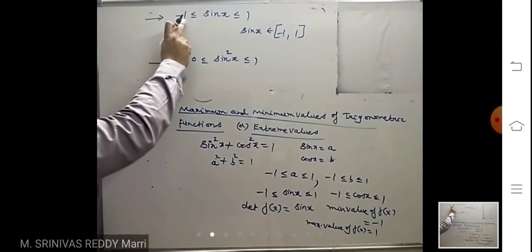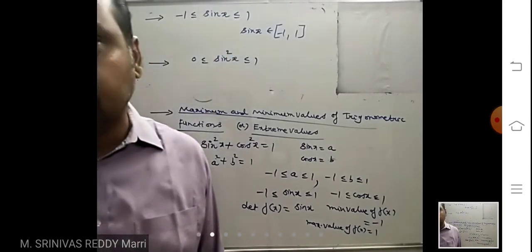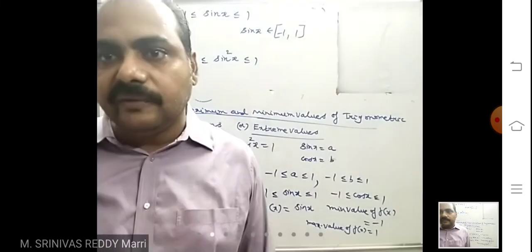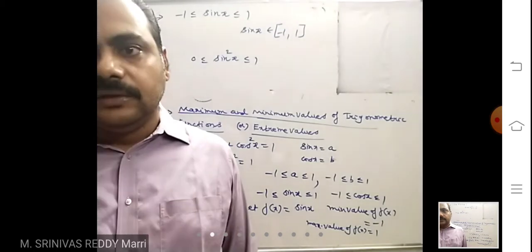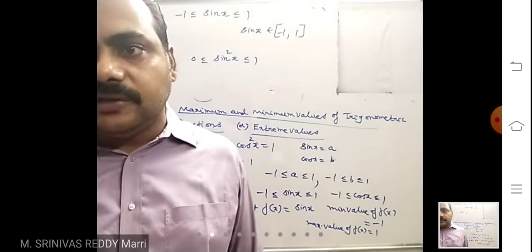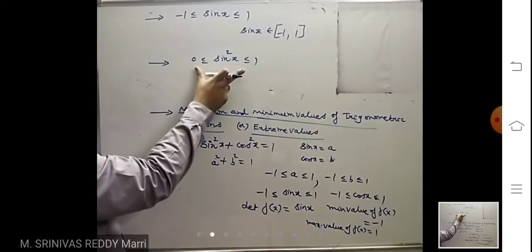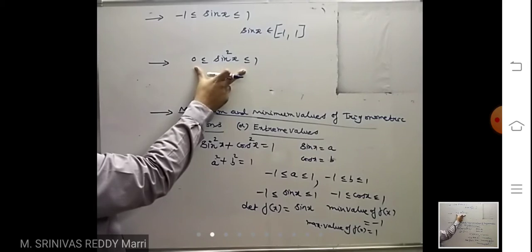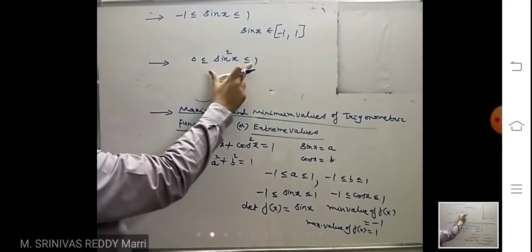You take all the values between minus 1 and 1 and square all the values. Then what is the minimum value you will get? 0 if you square, you will get minimum value. Minus 1 if you square, what you will get? 1. 1 if you square, what you will get? You will get 1. That means the square of this, it will lie between 0 to 1. Right? Sin square x always lies between 0 and 1.